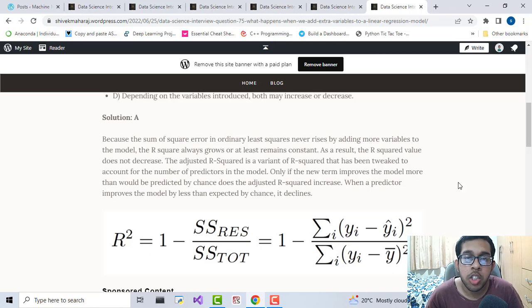The adjusted R squared is a variant of R squared that has been tweaked to account for the number of predictors in the model. Only if the new term improves the model more than would be predicted by chance does the adjusted R squared increase. When a predictor improves the model by less than expected by chance, it declines. And as you guys see, we have a formula to calculate R squared.